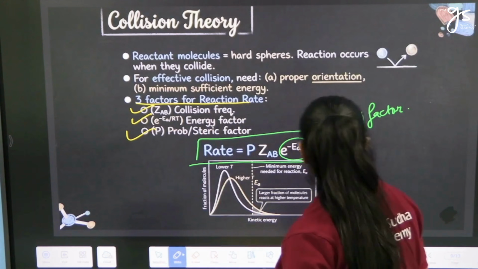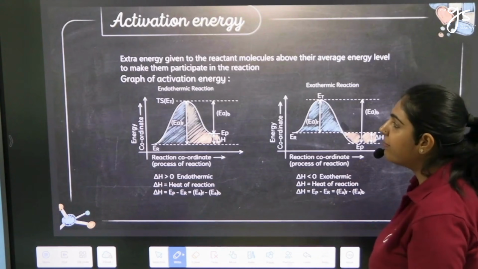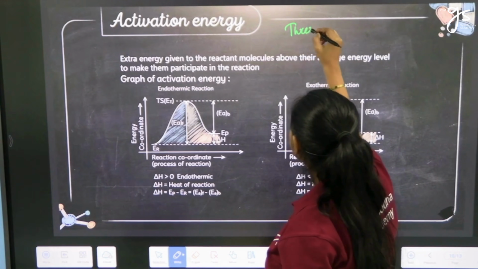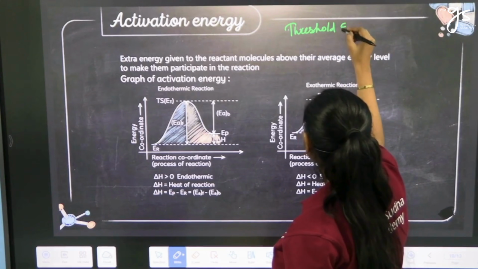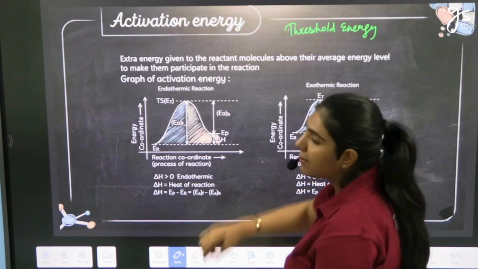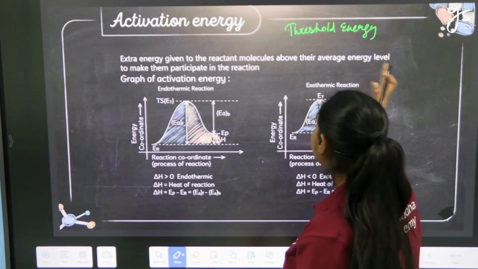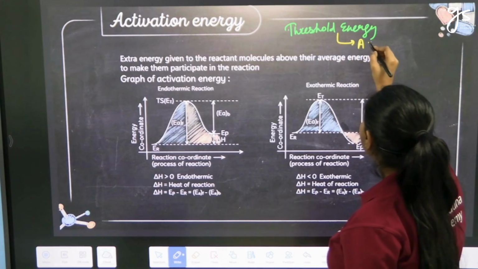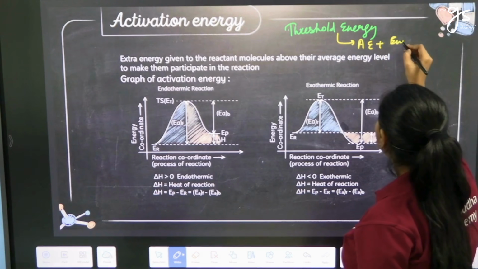Now moving ahead with our activation energy, you all know for the reaction to happen, the threshold energy is required, right? Threshold energy is the minimum energy which is required to complete the reaction. That is equal to the Ea plus the energy of reactant.